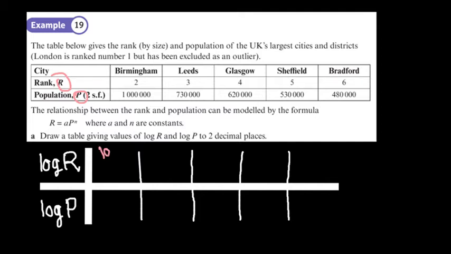So log 2, don't forget there's a log button on your calculator, and we're using log base 10 here. That's 0.30 to 2 decimal places. The next one would be log 3, and that is 0.48, and so on and so forth. We're just putting each of these terms individually into the calculator and getting the equivalent log value out.